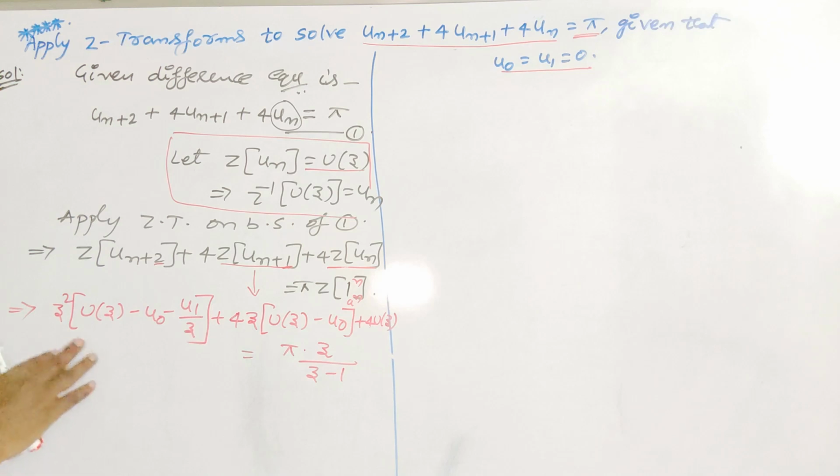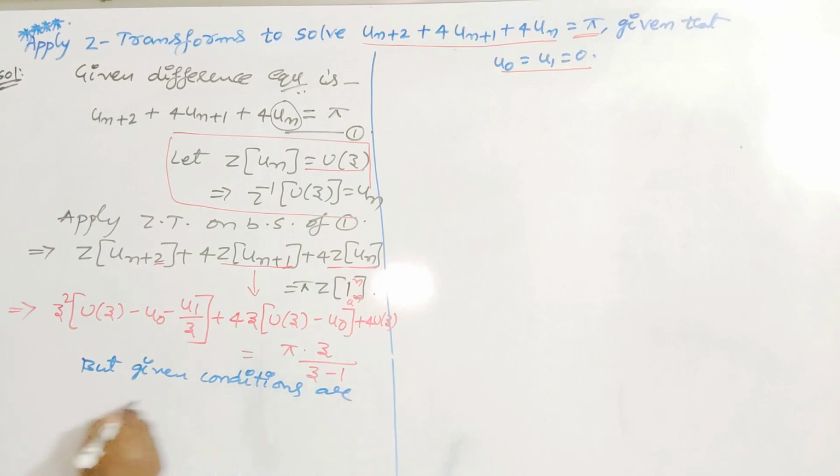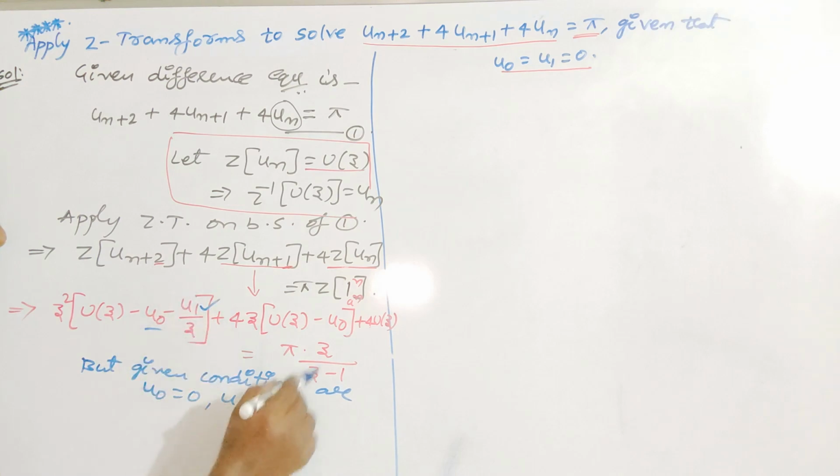So in this equation, we should replace the given conditions carefully. The given conditions are u0 = 0 and u1 is also 0. So whenever we have u0, replace it by 0, and whenever we have u1, replace it by 0.